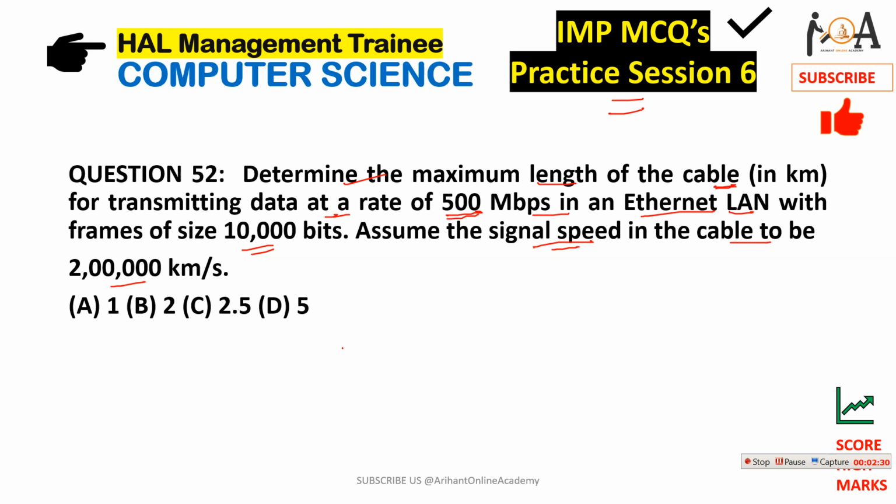Here we have a formula: transmission time should be less than or equal to 2 into propagation time, and propagation time is nothing but length by velocity.